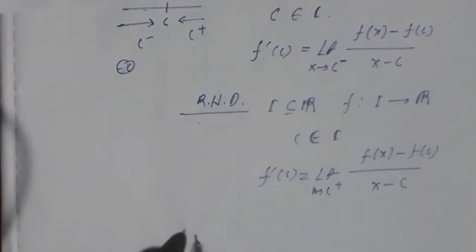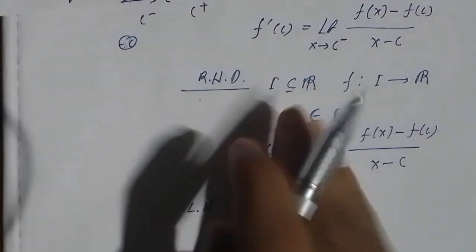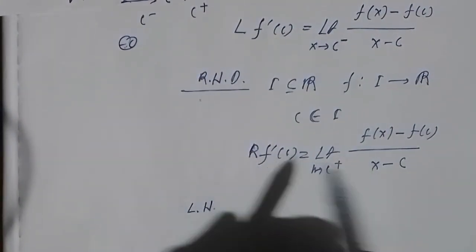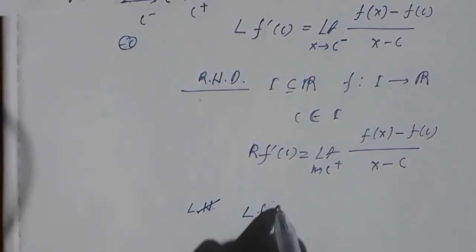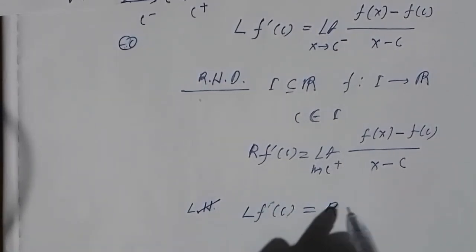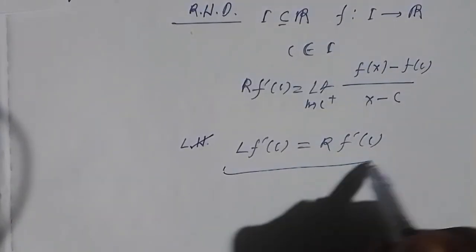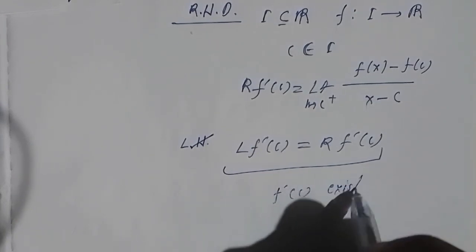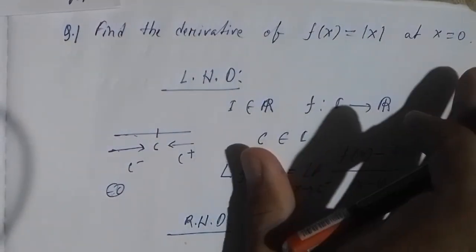The left-hand derivative is denoted by L f'(c) and the right-hand derivative by R f'(c). If L f'(c) equals R f'(c), then we say the derivative f'(c) exists. That's the definition we have to know before solving this question.